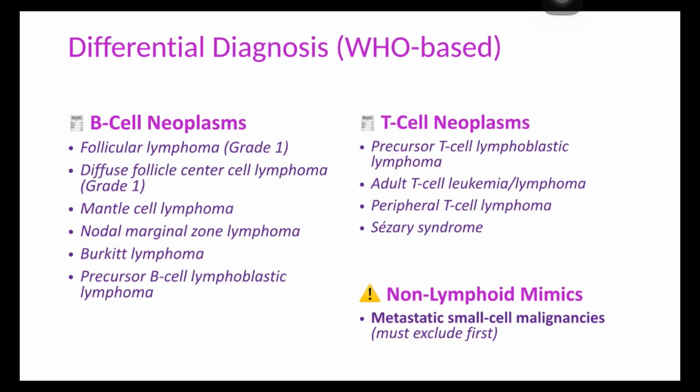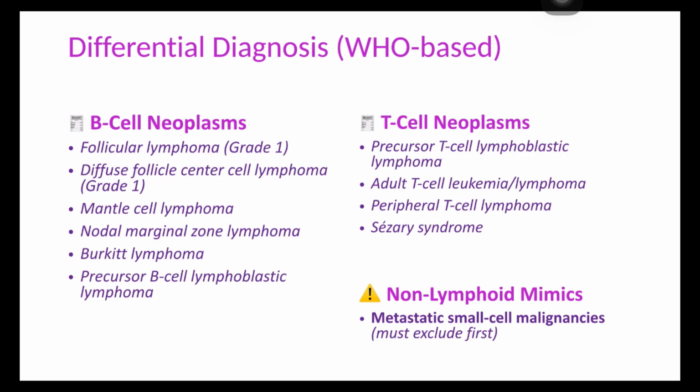starry sky appearance. So, if we see the differential diagnosis, there are B cell neoplasms, T cell neoplasms and non-lymphoid mimics. B cell neoplasms include follicular lymphoma grade 1, now the diffuse follicular cell lymphoma category grade 1, which is now included into follicular lymphoma according to the new classification, mantle cell lymphoma, nodal marginal zone lymphoma, Burkitt lymphoma, precursor B cell lymphoblastic lymphoma.